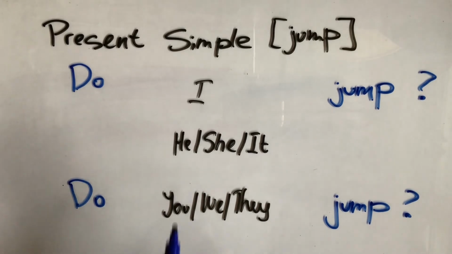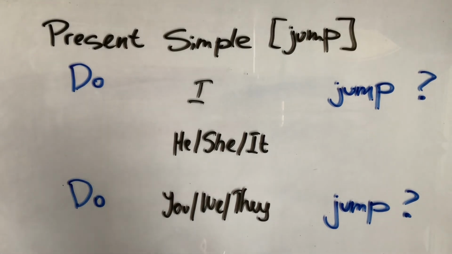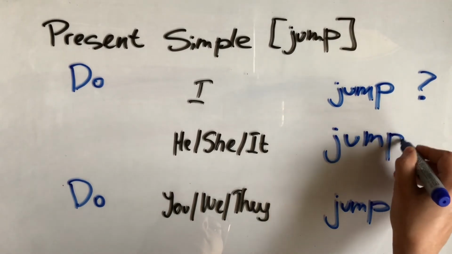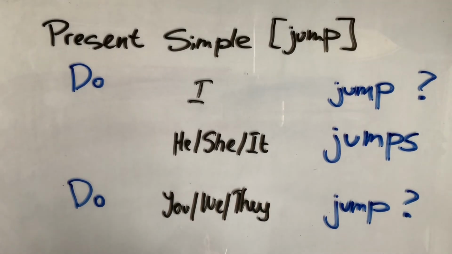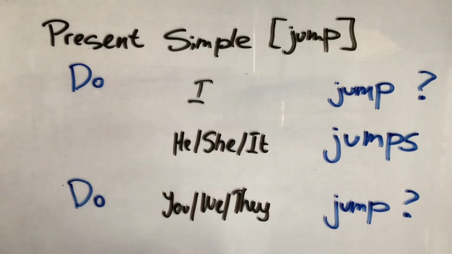Well, what happens to pronouns he, she, and it? Remember that in affirmative sentences, our verb jump has an ending S. And in negative sentences, the ending S travels to don't. Well, something similar happens here too.